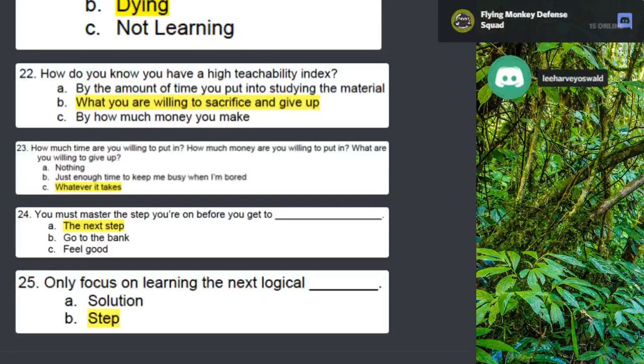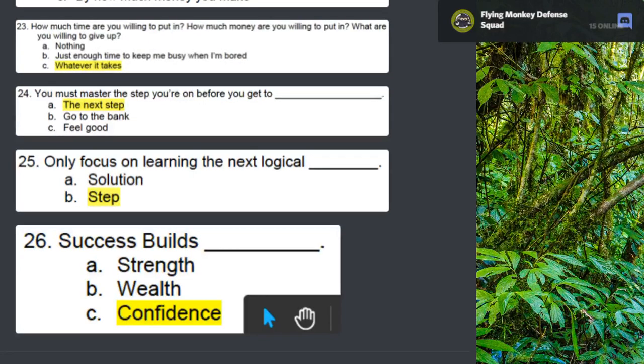I'm just going to guess confidence because it's the word underneath. Yes, exactly. And confidence creates success. Good guess.